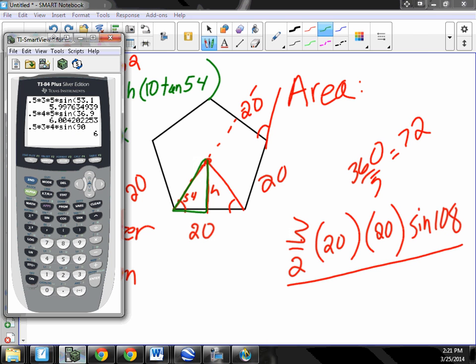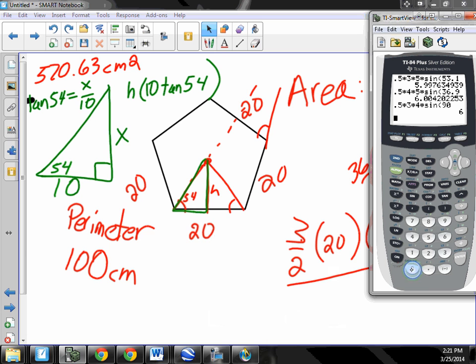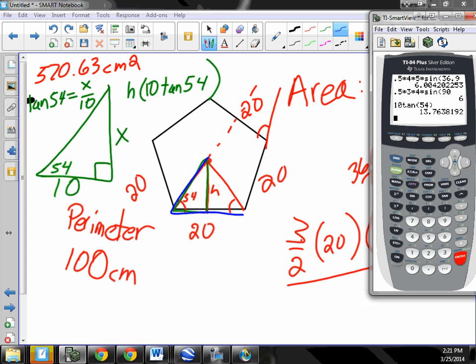Well, I'll probably need it in my calculator. 10 tangent of 54 is that. So now I can calculate the area of this. Times it by 20, and then 20 would be the area of the rectangle.